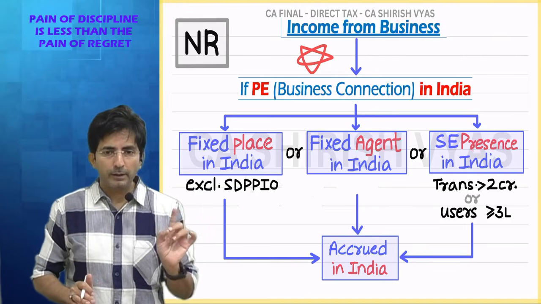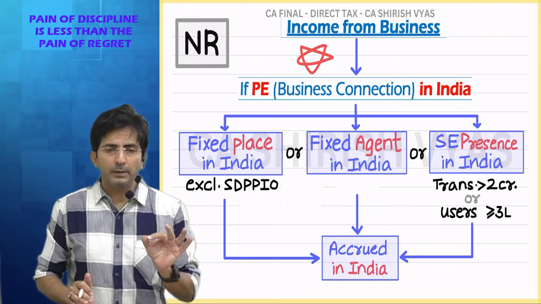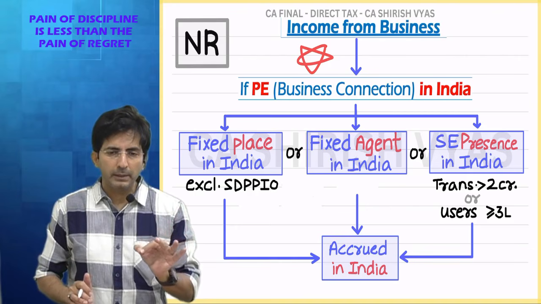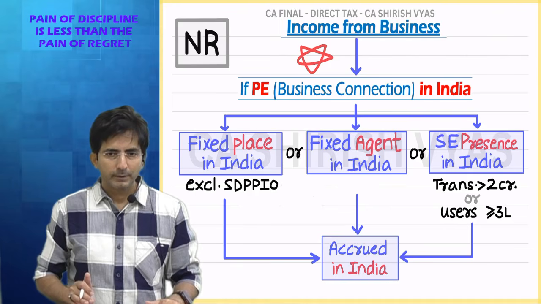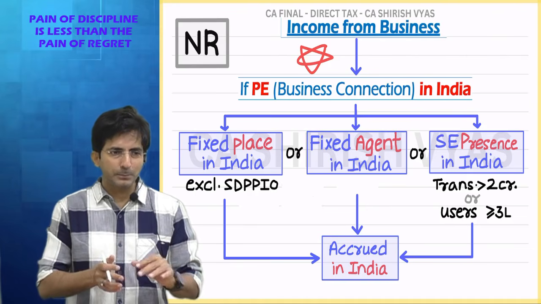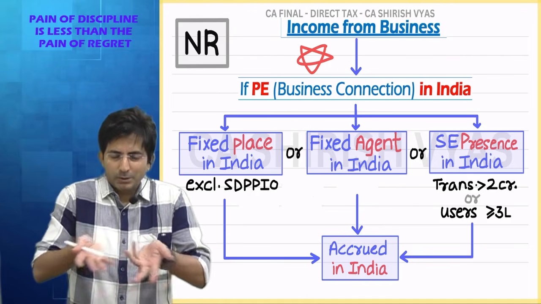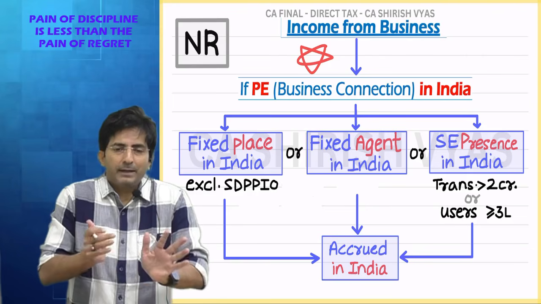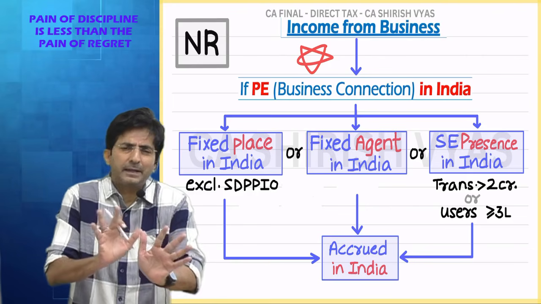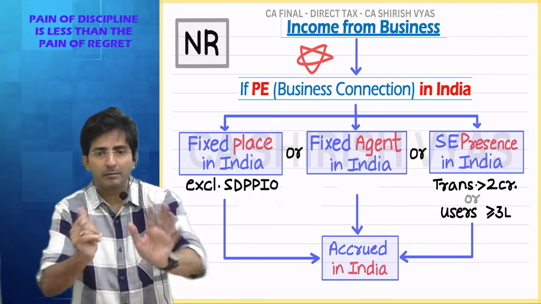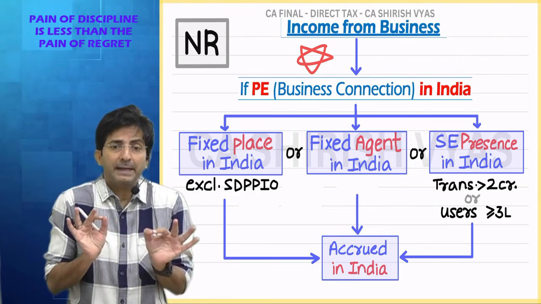Then the last point, any other activity of preparatory and auxiliary nature. Like storage, display, if you have some other activity of a similar kind, where your activity is just preparatory, you are not doing sale. What do you mean by preparatory activity?